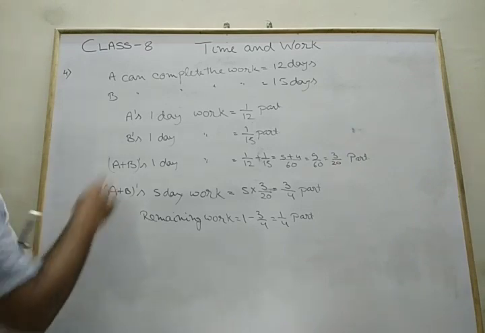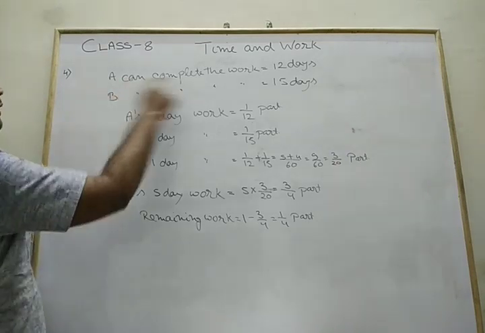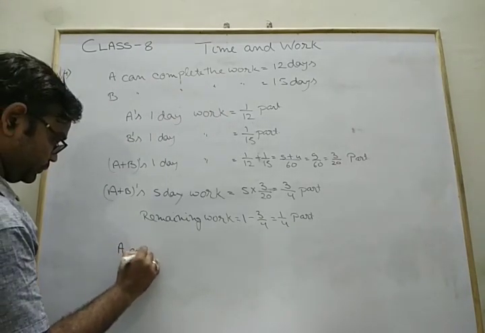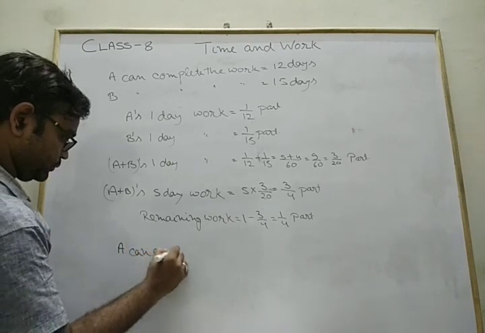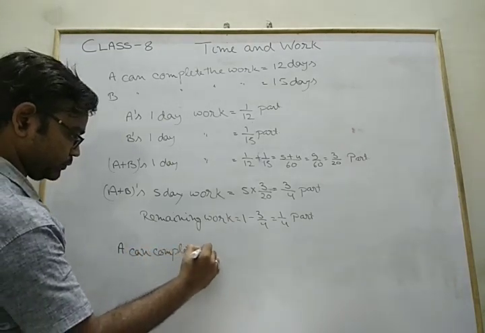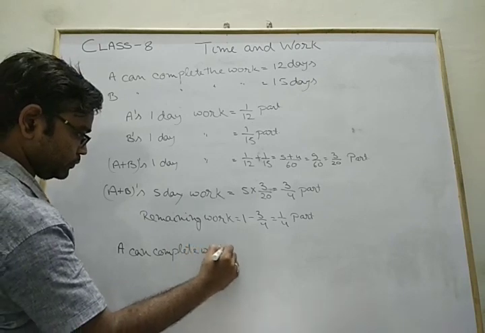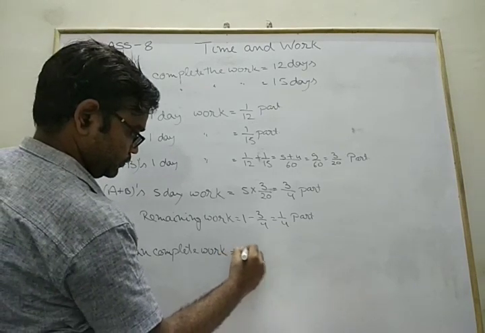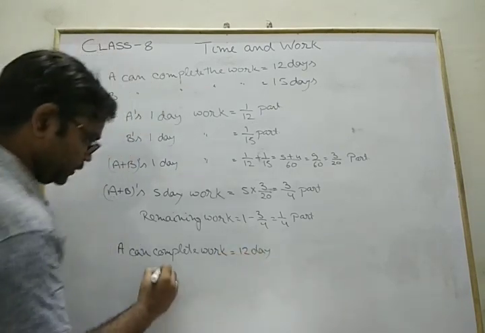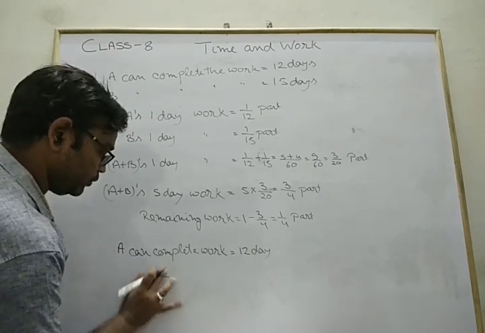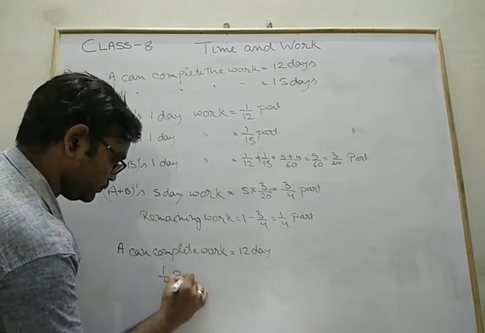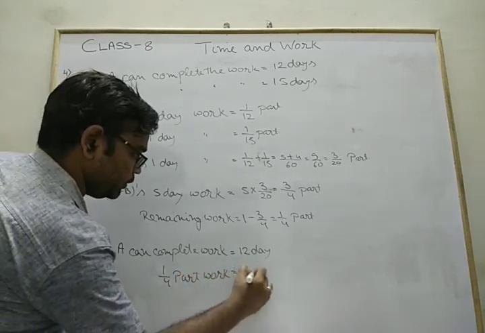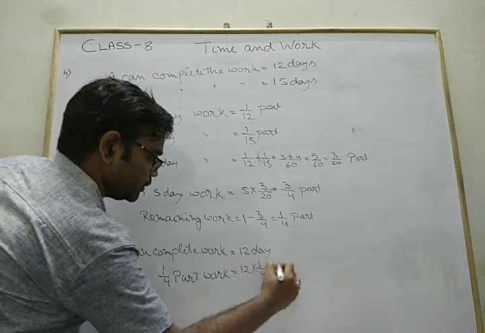As we know, A can complete one part in 12 days. So for the 1/4 part, the days are 12 into 1/4, which is 3 days.